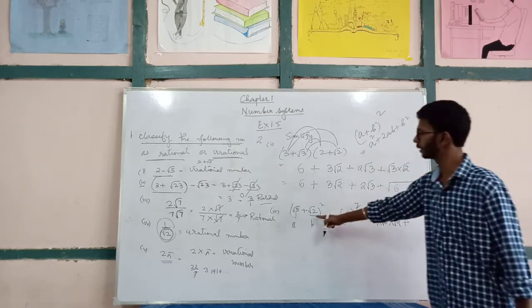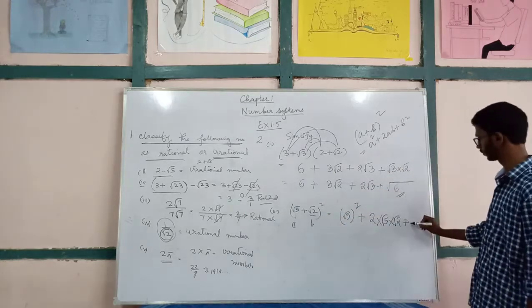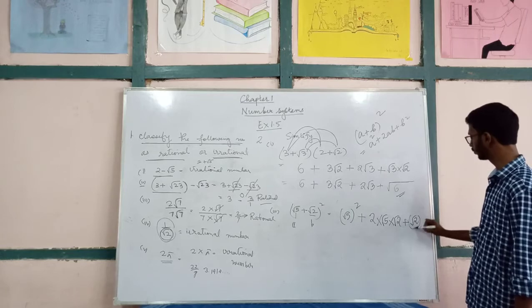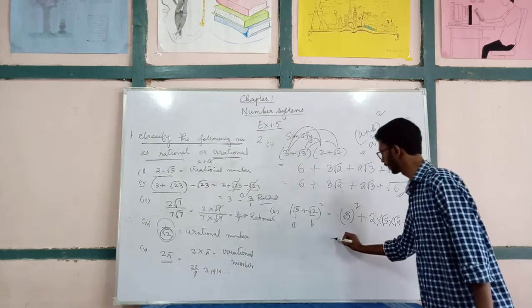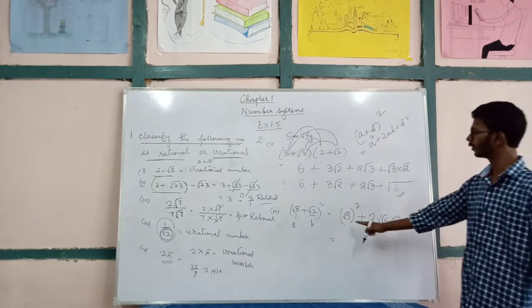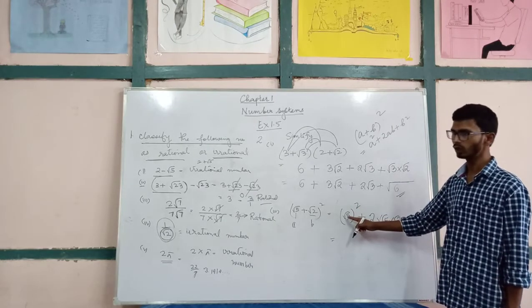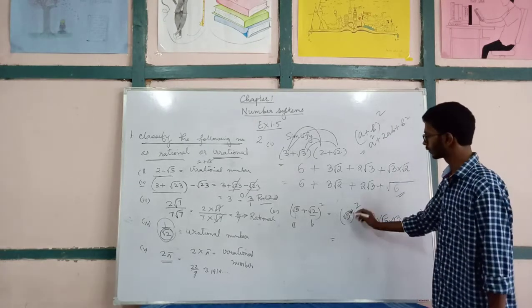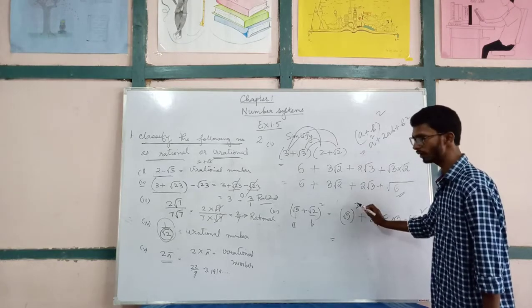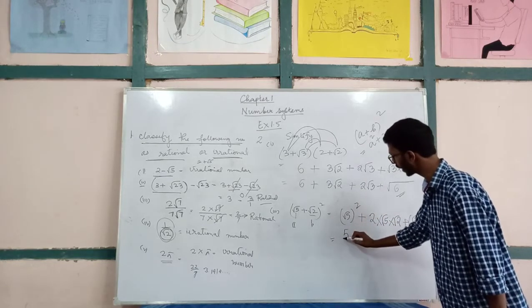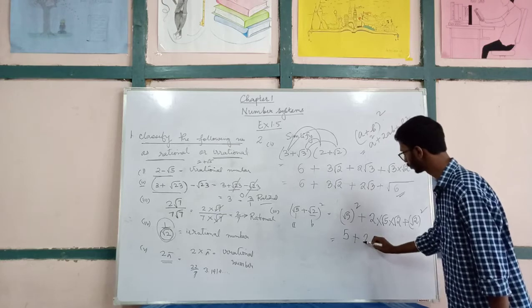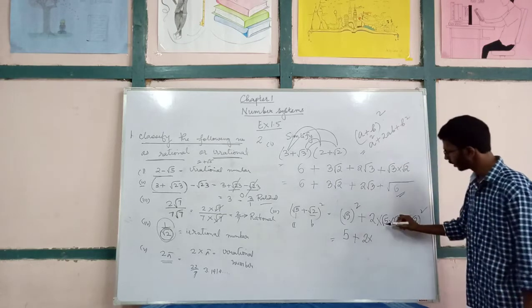What was our b? B was our root 2. So root 2 square. Okay. Root 5 square. Whenever we take a square, the root gets cancelled.